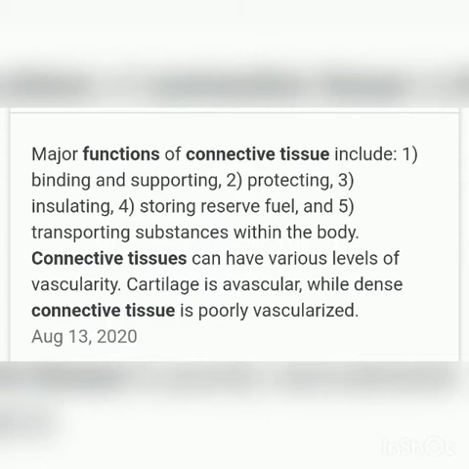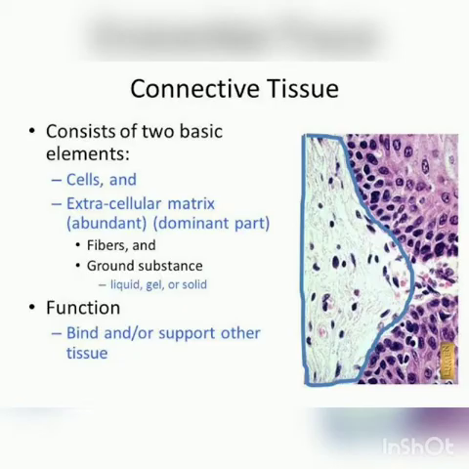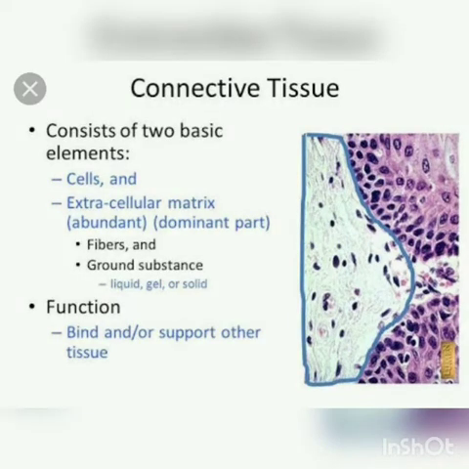So connective tissue helps in binding the bones or the muscles, and it gives a mechanical support. It protects and it acts as an insulator, and it helps to transport substances. Not only this, it also involved in immune response.